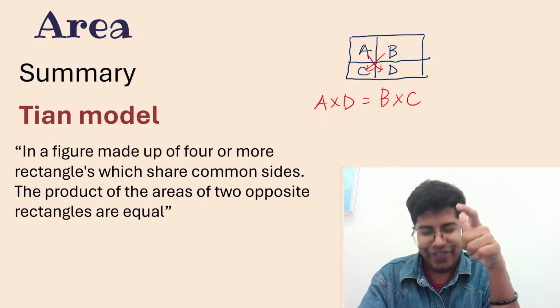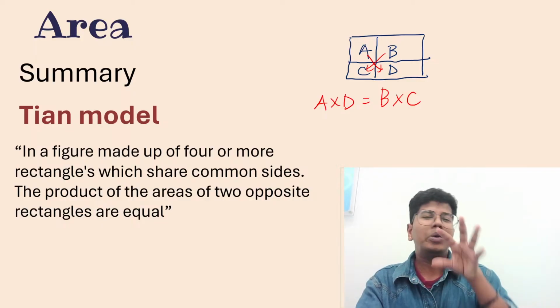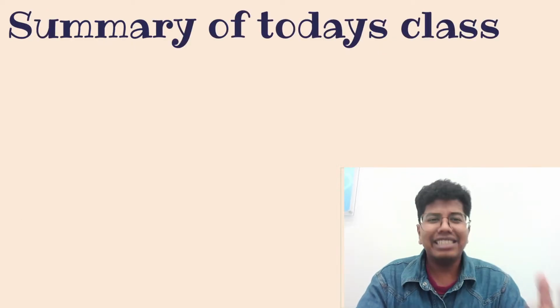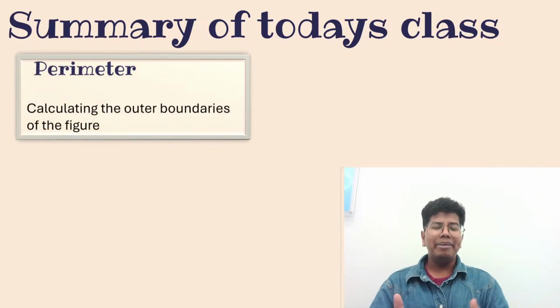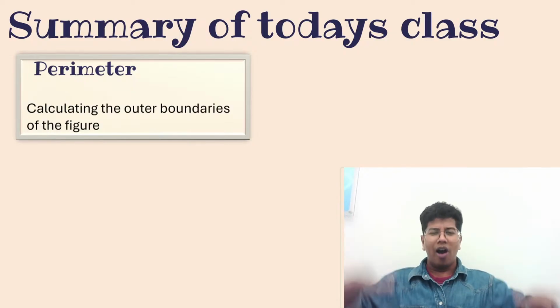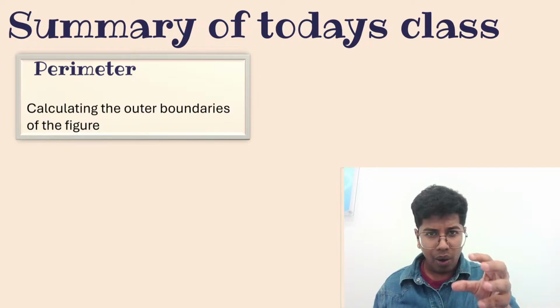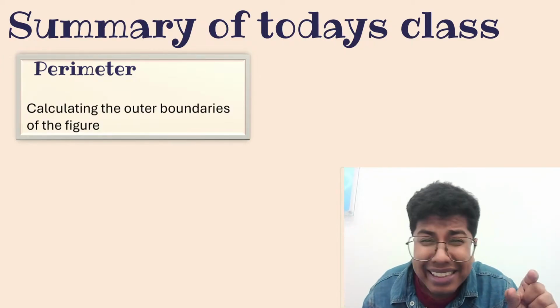So, for today's class, the part that I wanted to explain to everyone, because of which we are conducting the open class, is the summary. First of all, about the perimeter. We know perimeter is nothing but calculating all outer boundaries. Then we saw area. Remember the example of the wrapper and small pieces.